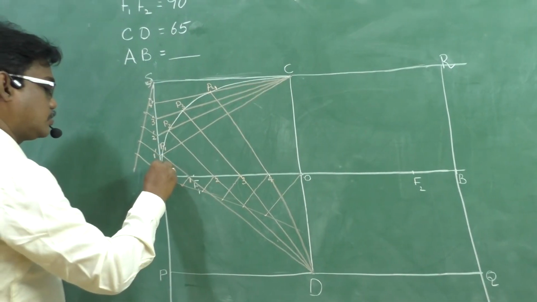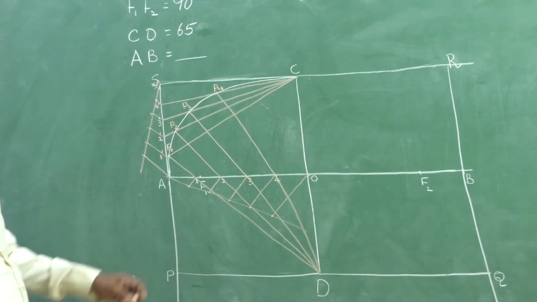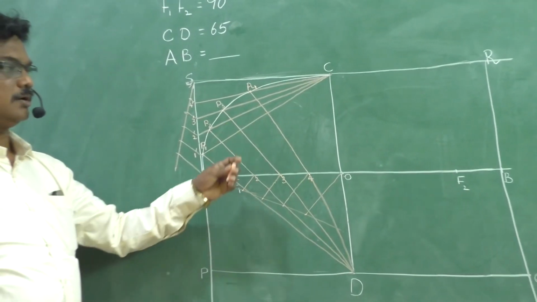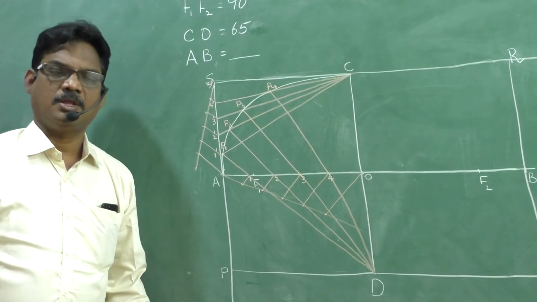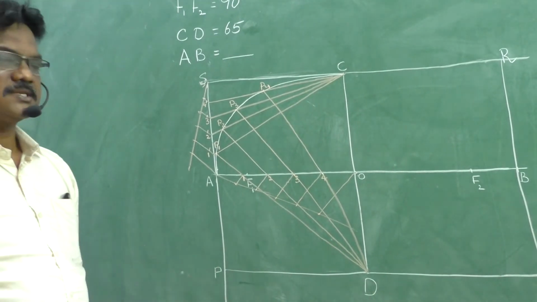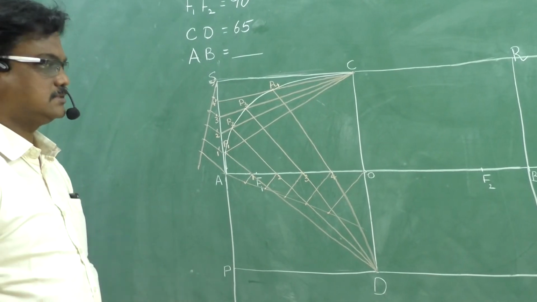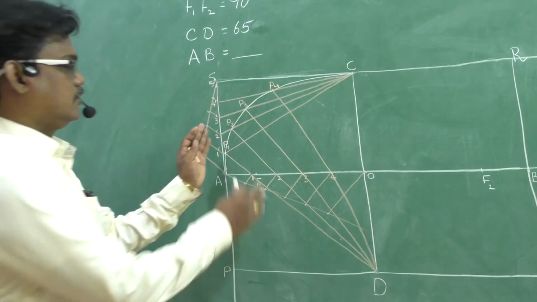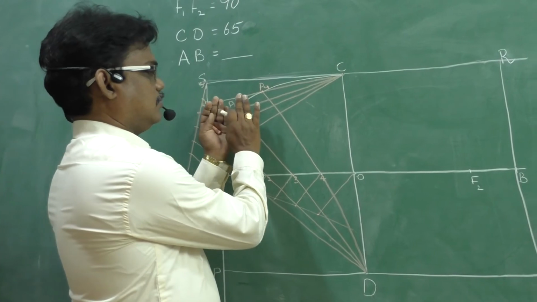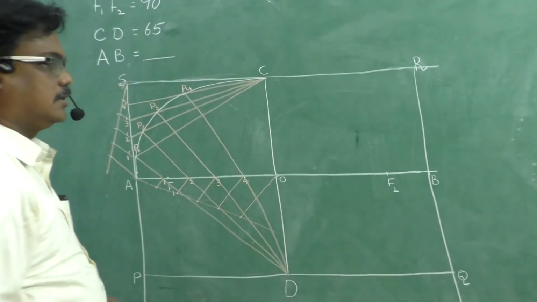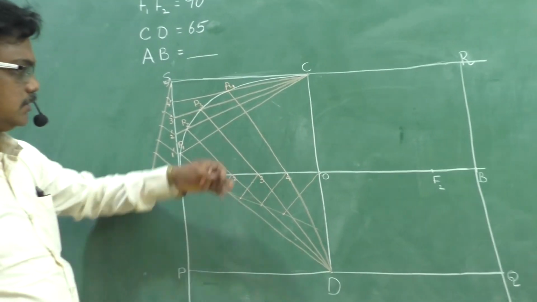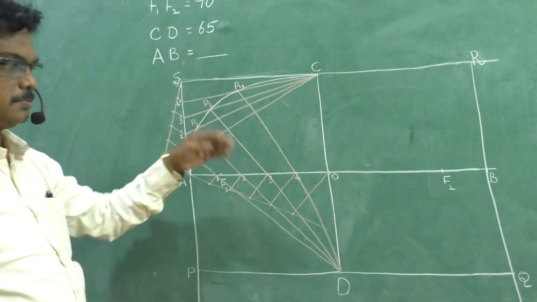By drawing this profile, we got 1/4 portion of the ellipse. And ellipse is symmetric about both major axis and minor axis. Therefore, if you take the mirror image of this on the other side, it will give the remaining 1/4. After that, the semi-ellipse is completed.